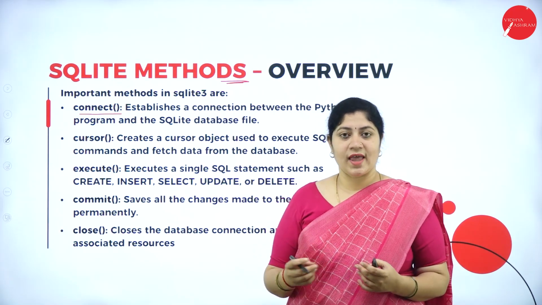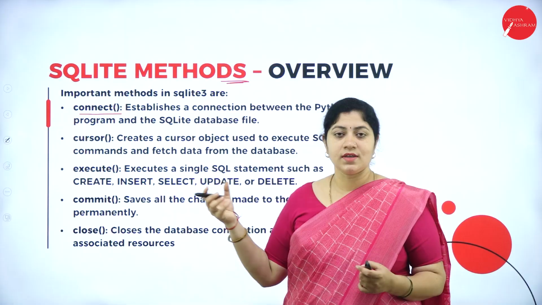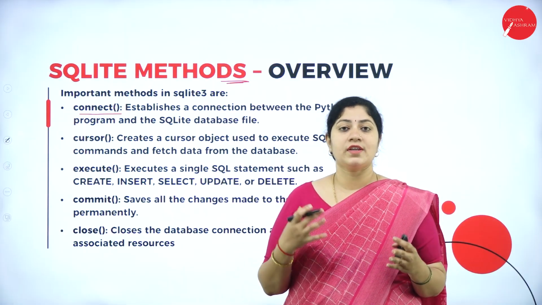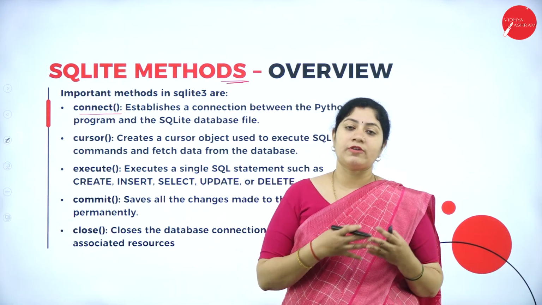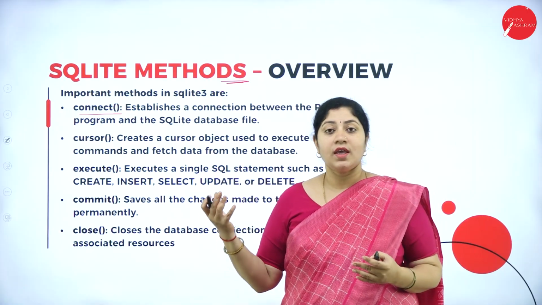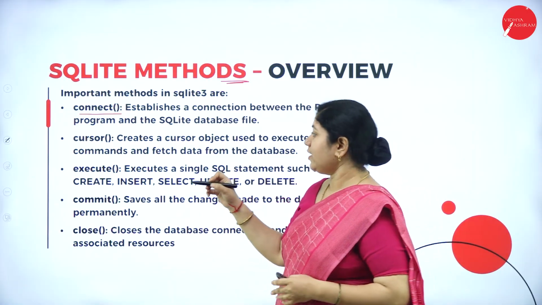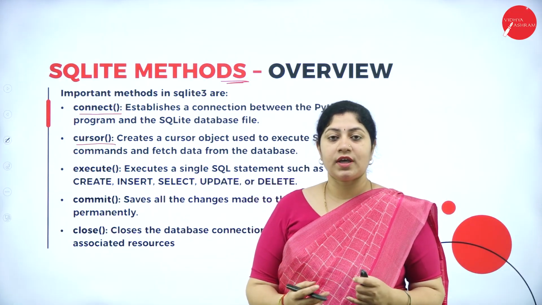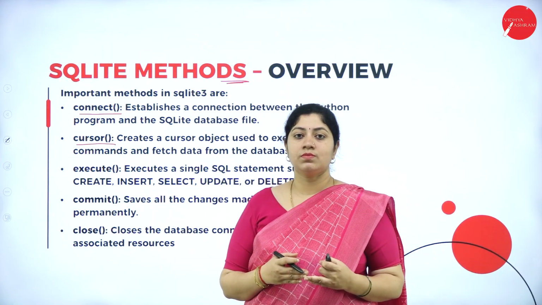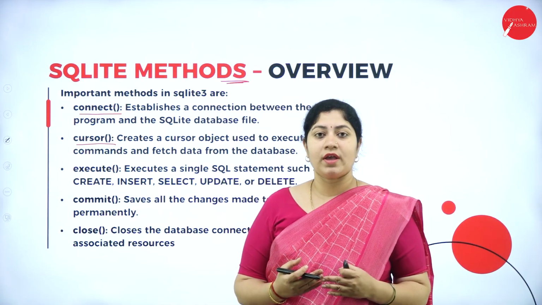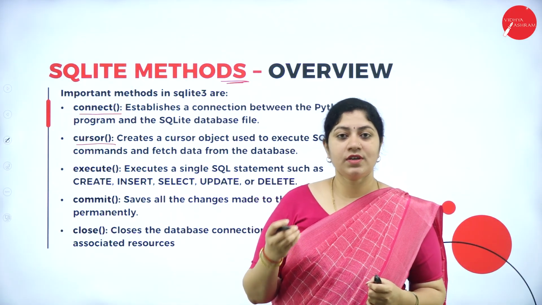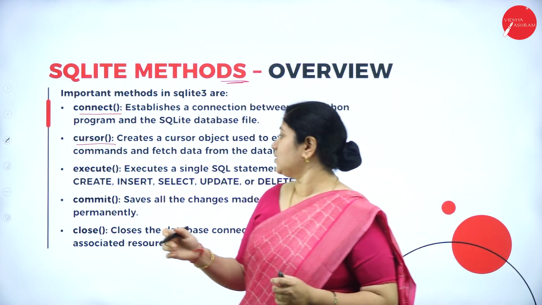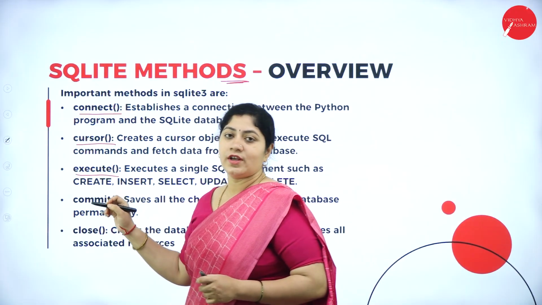Or we can also say that this method is responsible for creating a connection between the Python program and the SQLite database. Next one is cursor. This cursor is an object that is created to execute the SQL commands and fetch the data from the database.